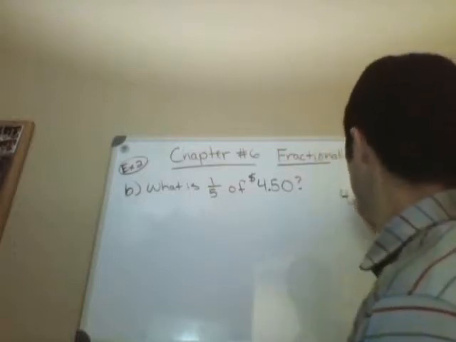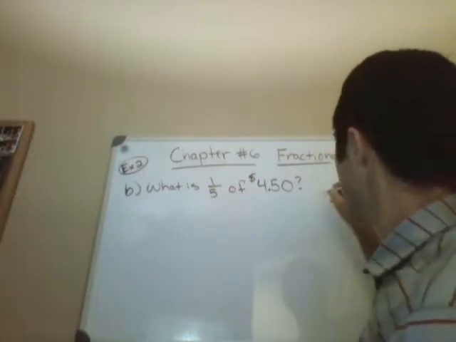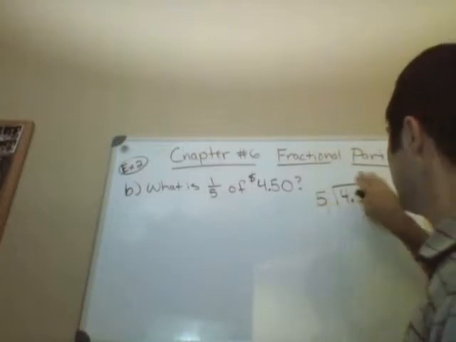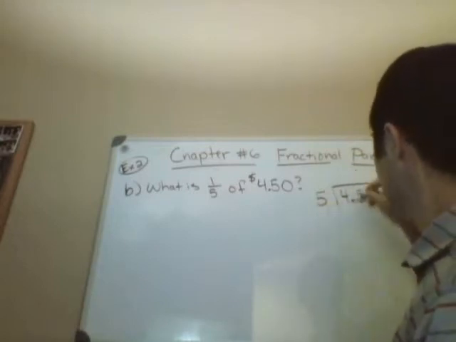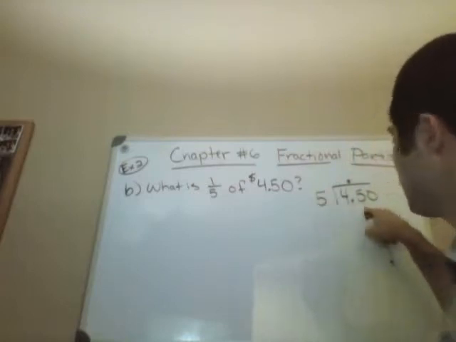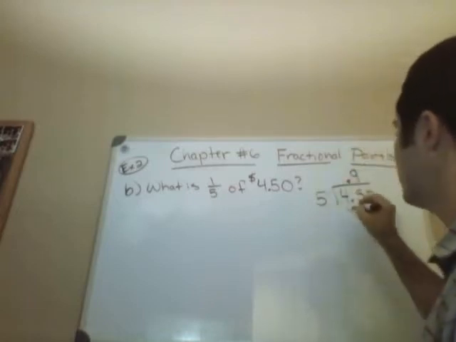So you write $4.50 and you're going to divide that between 5 children. Let's go ahead and divide that out. 5 can't go into 4. Let's bring up the decimal straight up. 5 can't go into 4. So let's see if 5 can go into 45. That'll be about 9 times. 9 times 5 is 45.